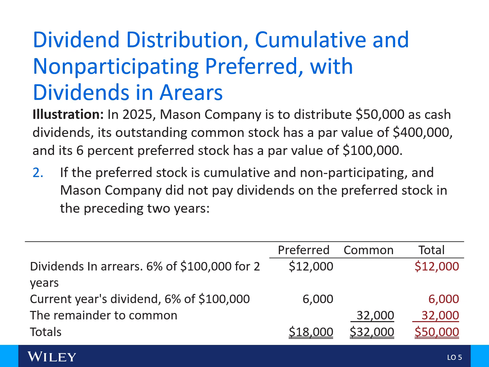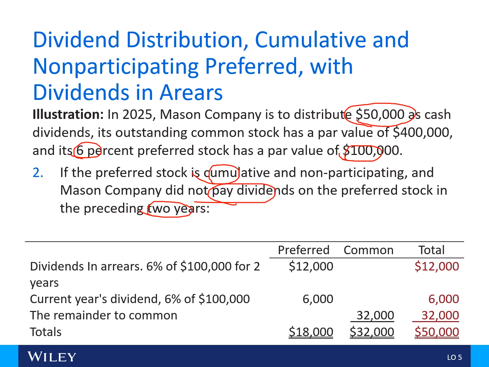And here we're going to see that it was actually cumulative. It's cumulative preferred stock, and they're saying it did not pay dividends on preferred stock in the preceding 2 years. That means it has to catch up the dividends missed for the previous 2 years plus the current year dividend. In this case, it's the same $50,000 to be paid out in dividends, same $100,000 par at 6%, which means $6,000 in preferred dividends per year.